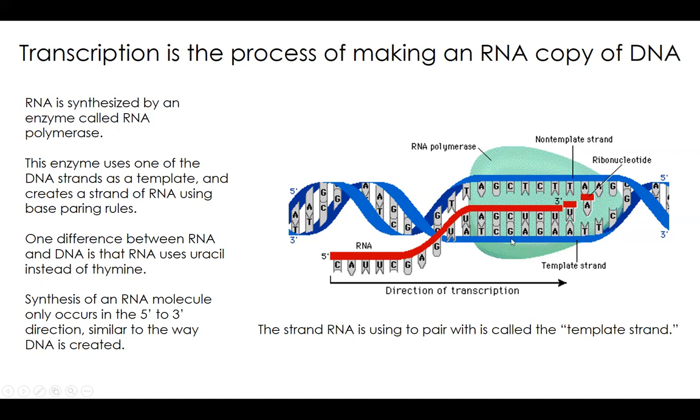The strand that we're actually using to pair with RNA is called the template strand. The other strand, here it's labeled as the non-template strand, but you may also hear this referred to as the coding strand.